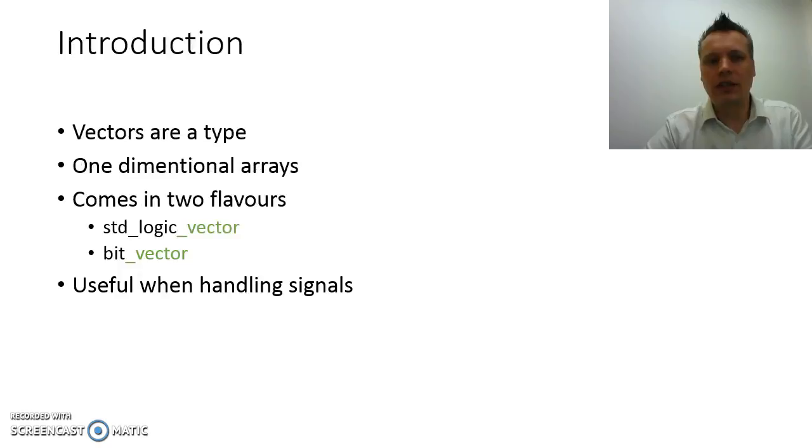So let's get started. Vectors are a type. It's basically a one-dimensional array, so very similar to other programming languages. In general, it comes in two generic flavors. It comes as STD logic, standard logic, underscore vector, or bit underscore vector.